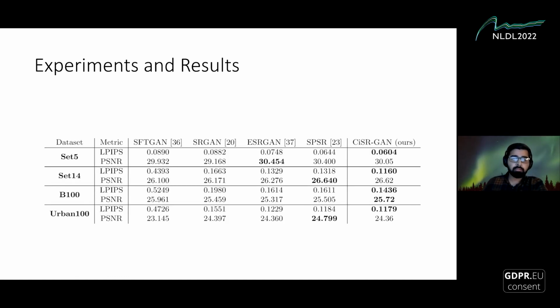We further compare the performance of our method with state-of-the-art convolutional neural network-based methods, including SRGAN, ESRGAN, SPSR, and SFT-GAN. We notice that our method outperforms all in terms of LPIPS while maintaining comparable PSNR, as shown in the table. Generally, there is a large gap between SPSR and our method based on the LPIPS metric.